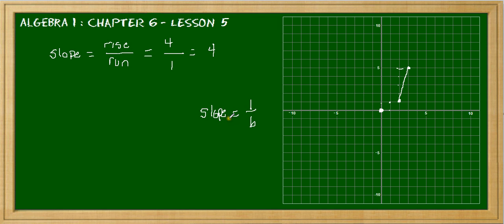We can find another point, and in fact we can draw this line by knowing 1 point and then finding the next point using the slope. Now it says 1 over 6, so we know that 1 is the rise and 6 is the run. So let's go up 1 and over 6, which would take us right to here.